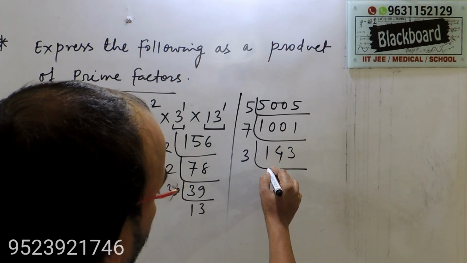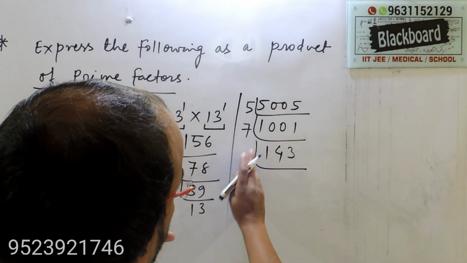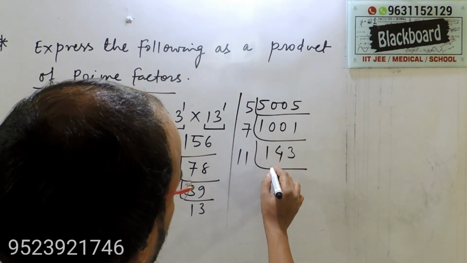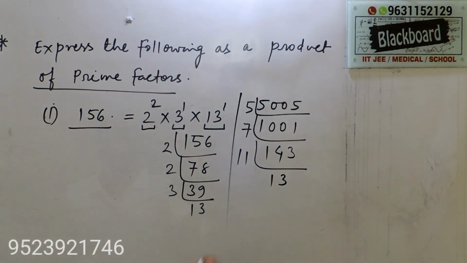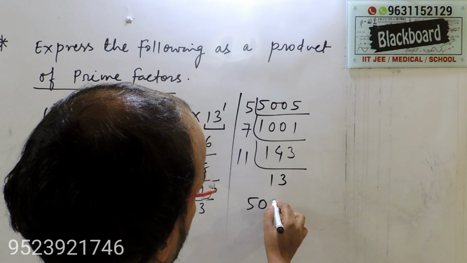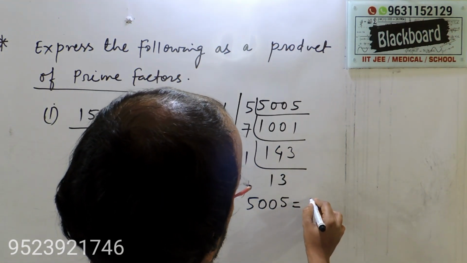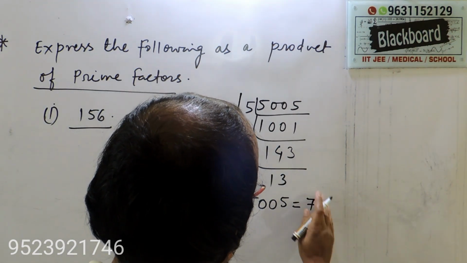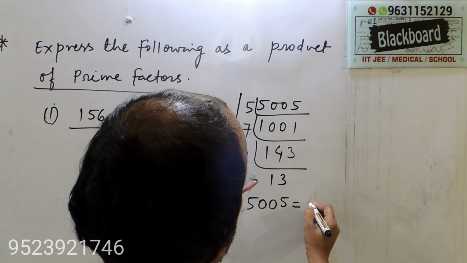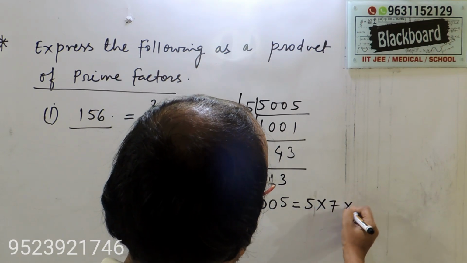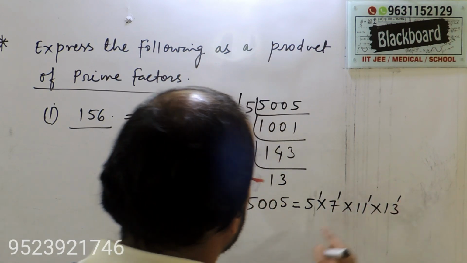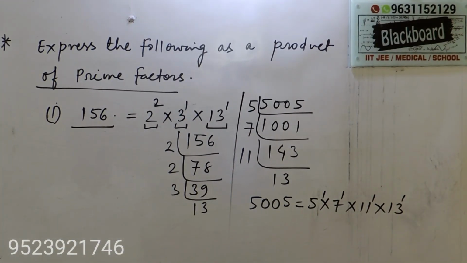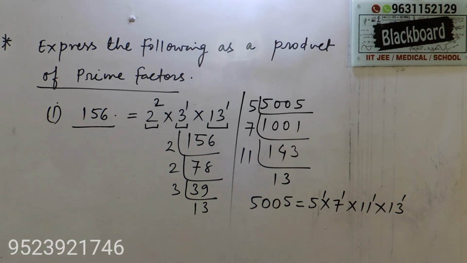This is 11 and 13. That means 5005 can be expressed in increasing order as 5 into 7 into 11 into 13. This is in terms of your prime factors. This is expressed in terms of prime factors.